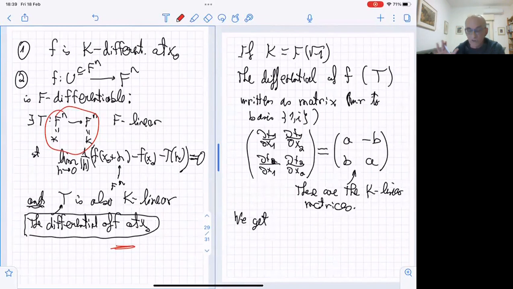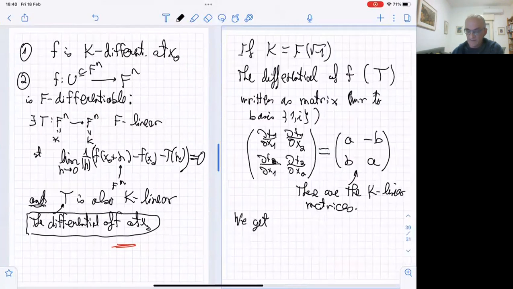I'm not claiming, I don't know if this is true or not in this general setting, but I just wanted to make a point that getting Cauchy-Riemann is really very elementary. It's all part of the elementary theory that works in almost any topological field.